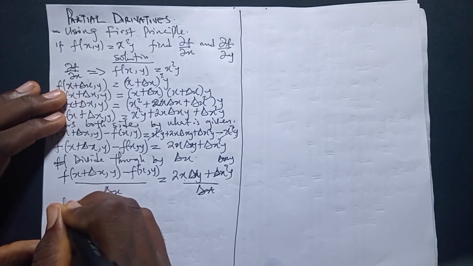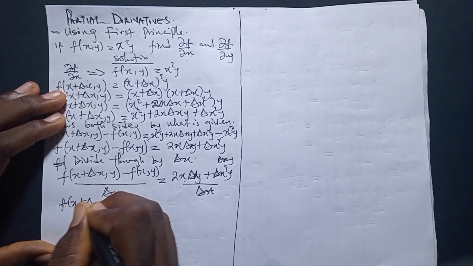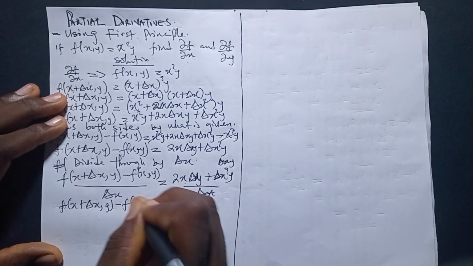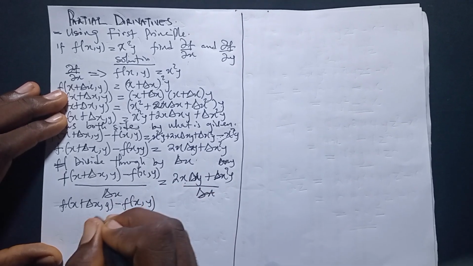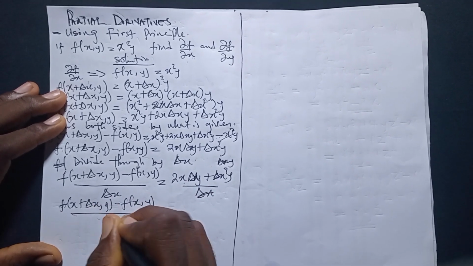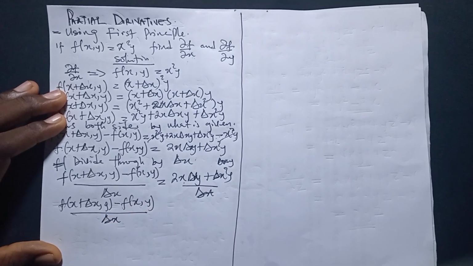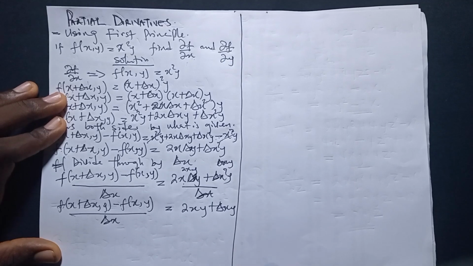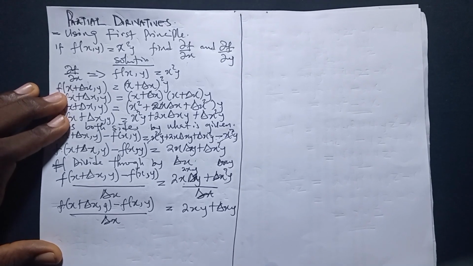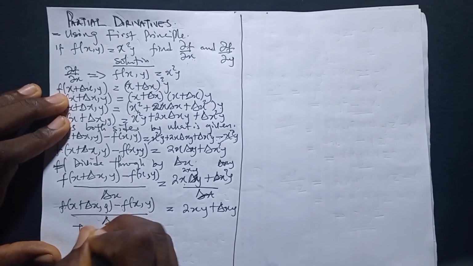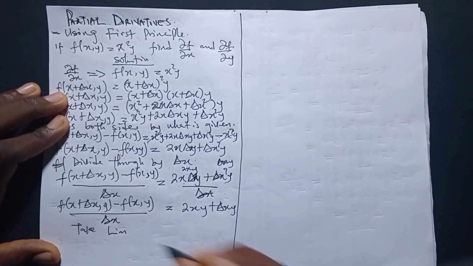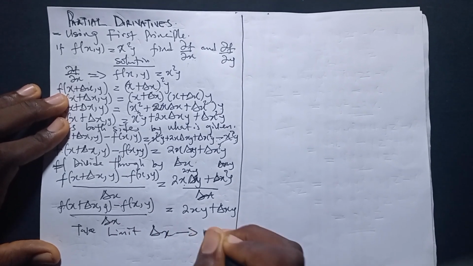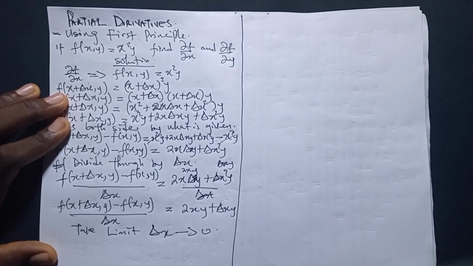So we have f of x plus change in x, y minus f of x, y over change in x equals 2xy plus change in x y. So now the next thing to do is to take the limit when change in x tends to 0.